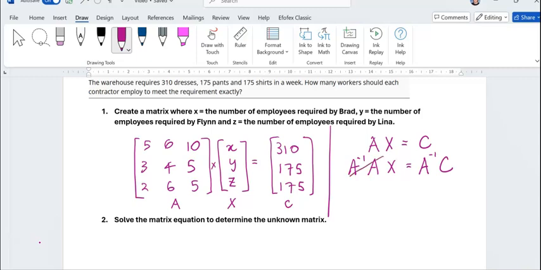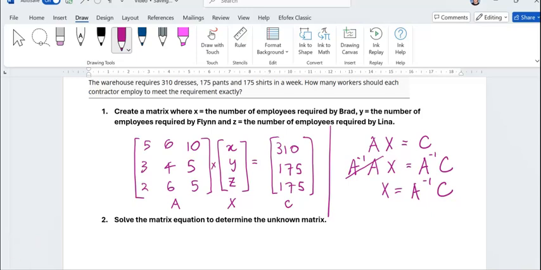This effectively cancels to the identity matrix, and the identity matrix multiplied by matrix X is just X. So that's the reason why I'm doing that, to try and isolate matrix X. So now if I multiply matrix A inverse by matrix C, I'll end up having a value for matrix X.